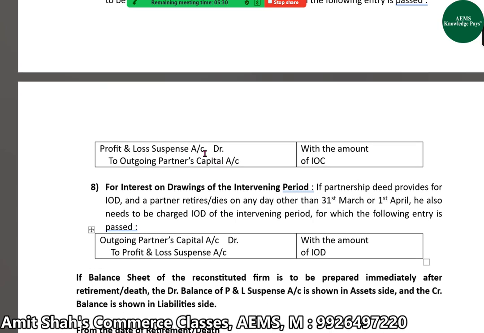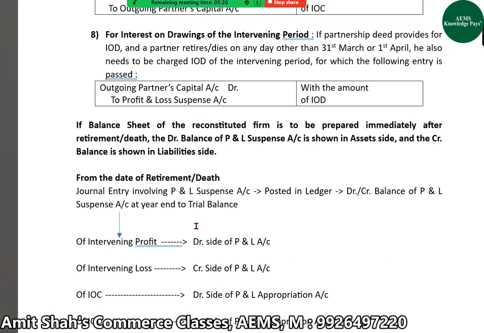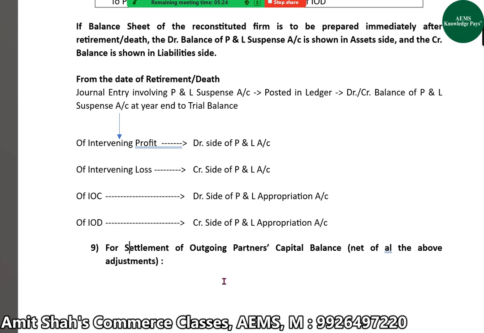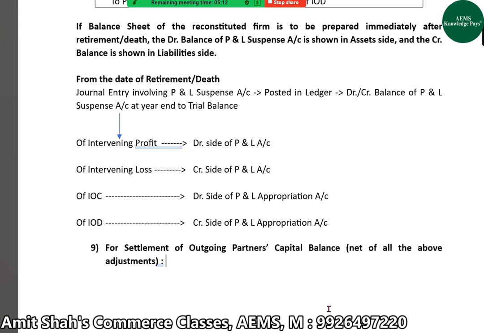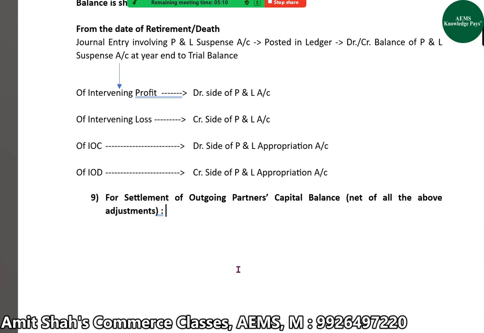So after doing all these adjustments, out of these eight, whatsoever are applicable in your question, after doing all that, you will finally get the net capital balance of the outgoing partner. Net balance means net of all the above adjustments. And that balance is now the liability of the business, the liability of the firm, to be paid to that outgoing partner or his legal representatives.